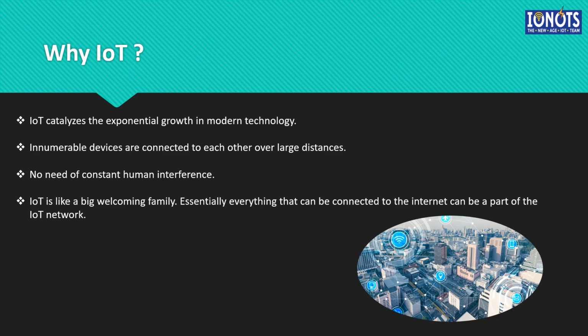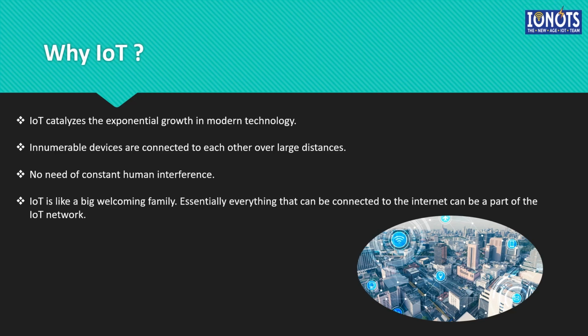In such a scenario, you'll be able to function better and perform better. Similarly, since we need minimal human interference in the IoT devices and in the IoT systems, its performance is phenomenal.